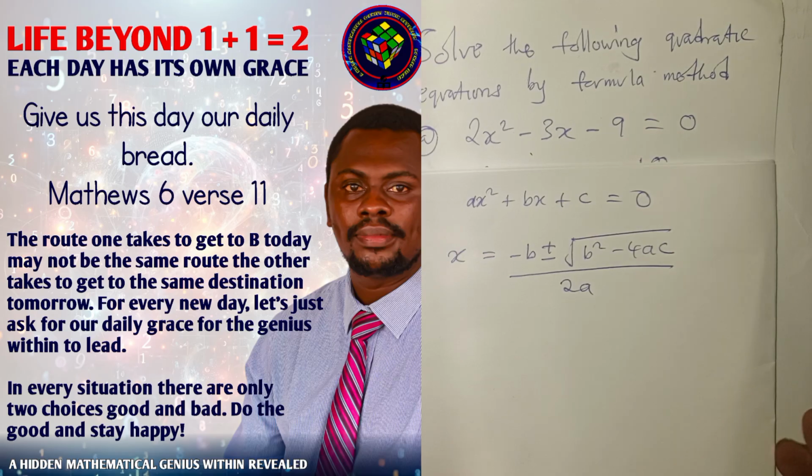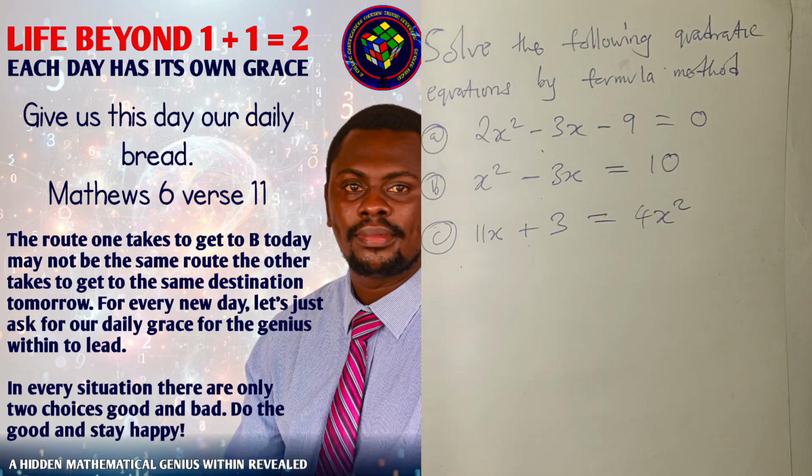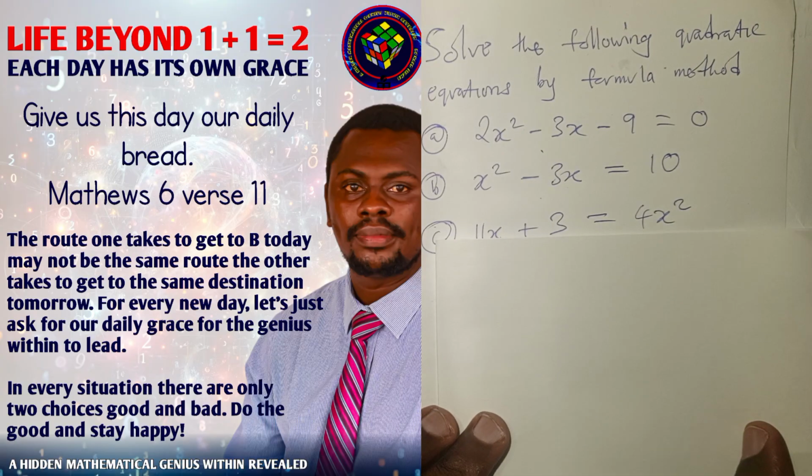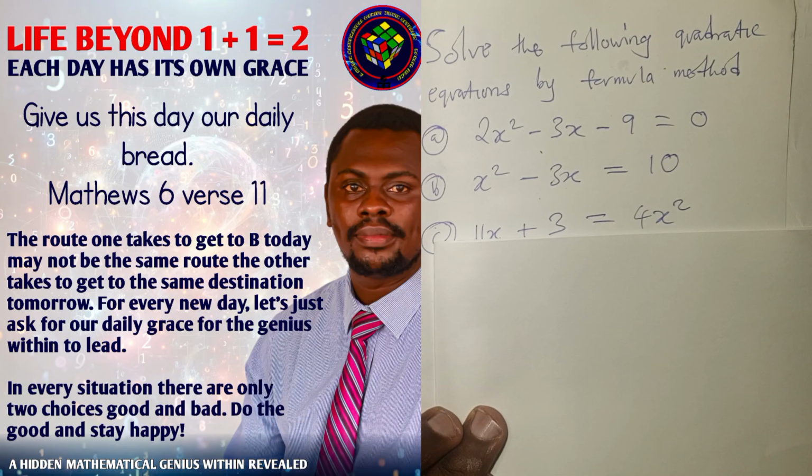Okay, so the first question there is 2x squared minus 3x minus 9 is equal to 0. We can see that it is already in quadratic form.